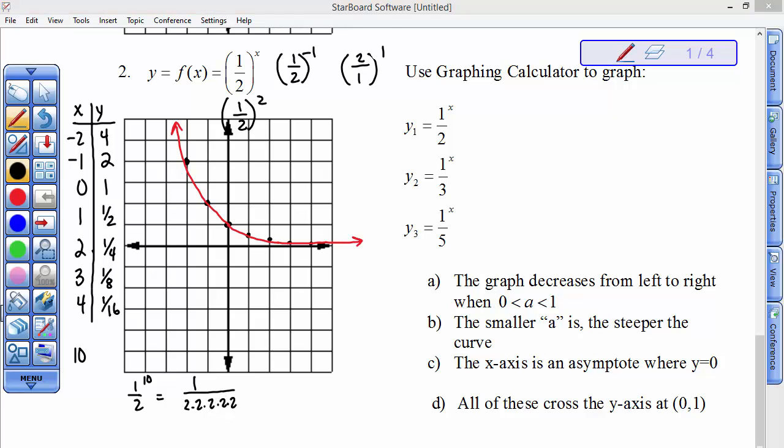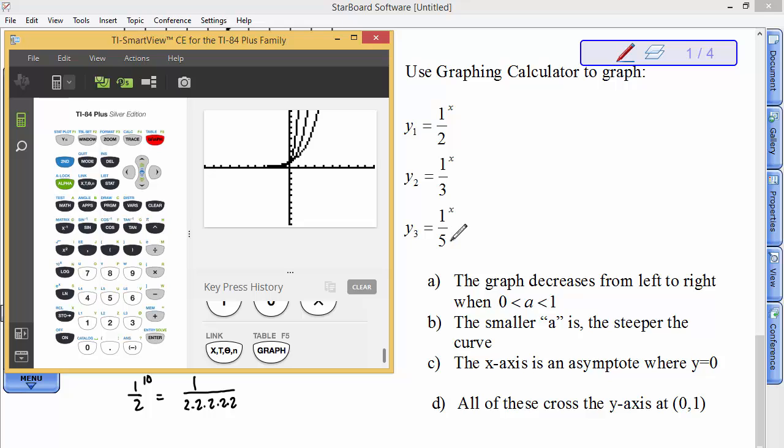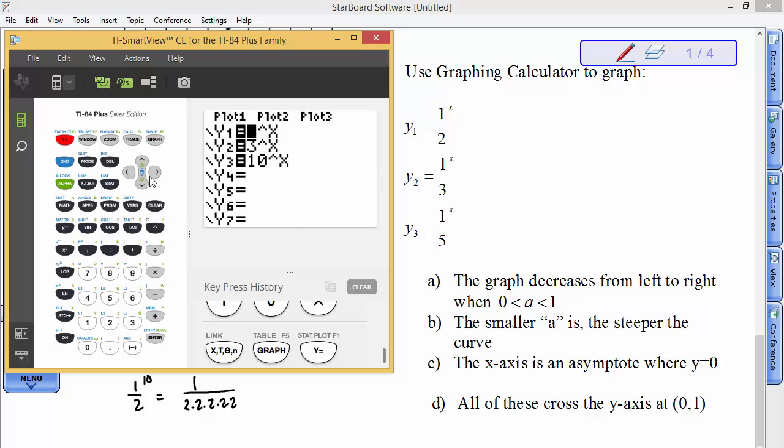So get your graphing calculator out and look at these right here. These are getting smaller. We've got 1/2, then 1/3, then 1/5. Again, please look at your exponential growth curves, and we're going to go in here now and put in 1 divided by 2 to the x power, and then 1 divided by 3 to the x power, and I forgot the parenthesis.